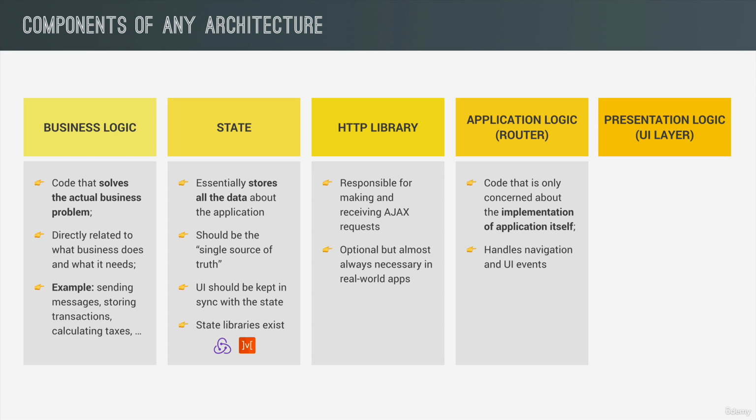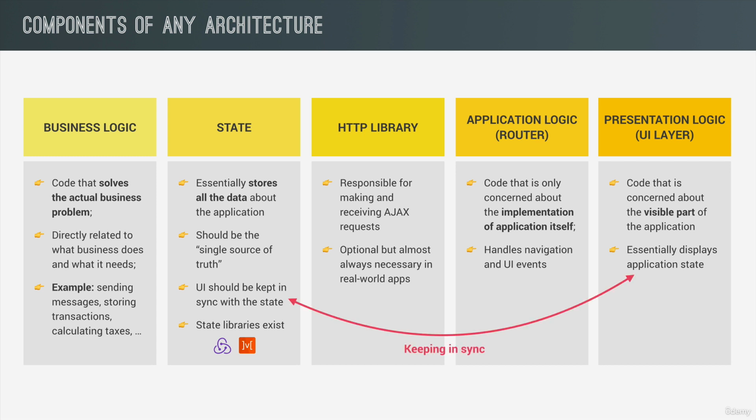So basically mapping actions to the user's navigation. Finally, the presentation logic, which is also called the UI layer, is of course all about the visible part of the application. So essentially, we can say that the presentation logic is responsible for displaying the application state on the user interface in order to keep everything in sync.